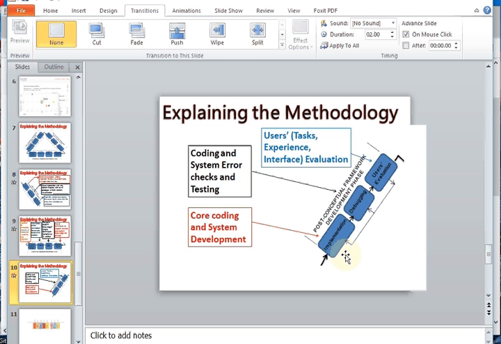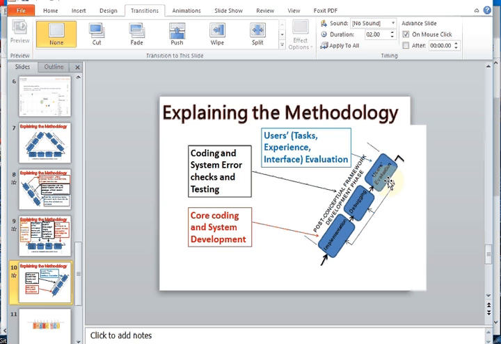Here is real practical work, basically, to have a final product. So these are basically system development imports. So what should be done? The coding and system error checks, because at this stage you want to expose it further to the users. And when this is done, then the last stage would be the user's evaluation.